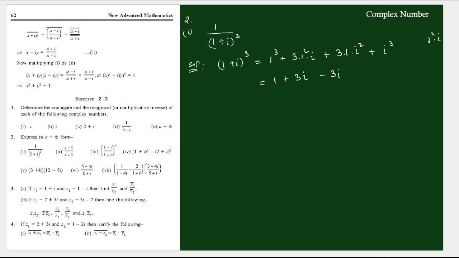Yes, i square is minus 1. Then it will be minus i. Then i square. This will not be 3i. The i square is minus 1 itself, so it will be only 3.